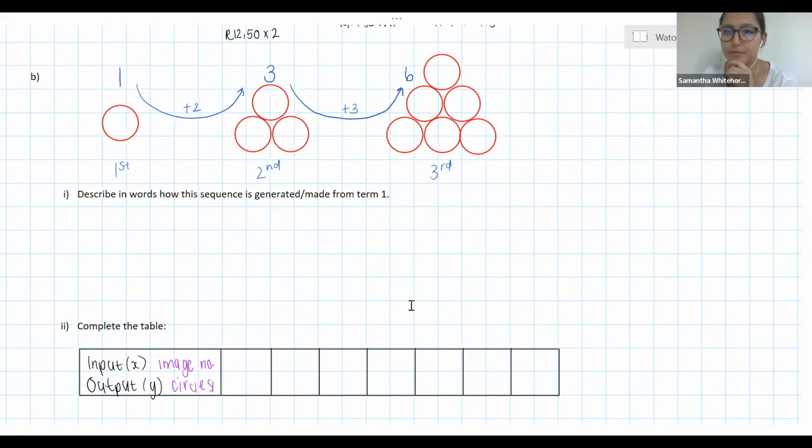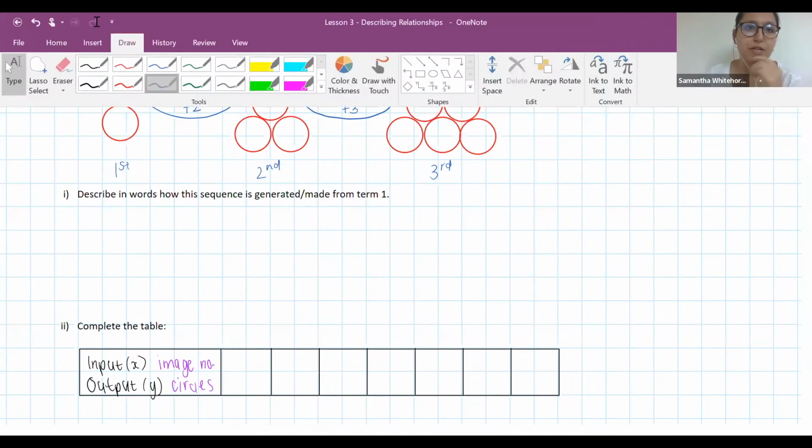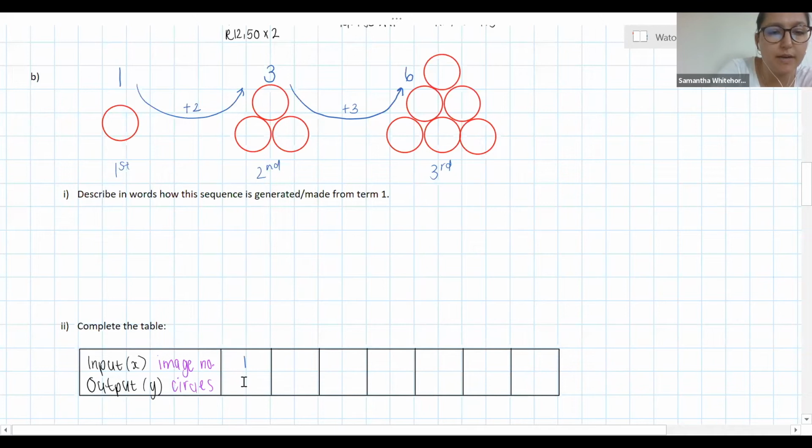Okay, so we know the first 3 already. Image 1 has 1 circle, image 2 has 3 circles, and image 3 has 6 circles. So who can tell me how many circles image 4 would have? Nolo, if you want to raise your hand, you're more than welcome to give it a go.